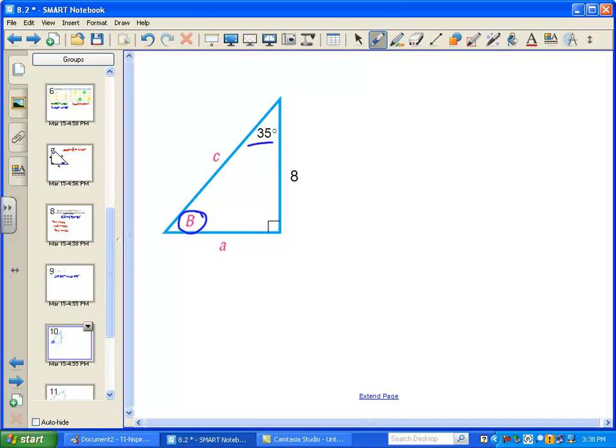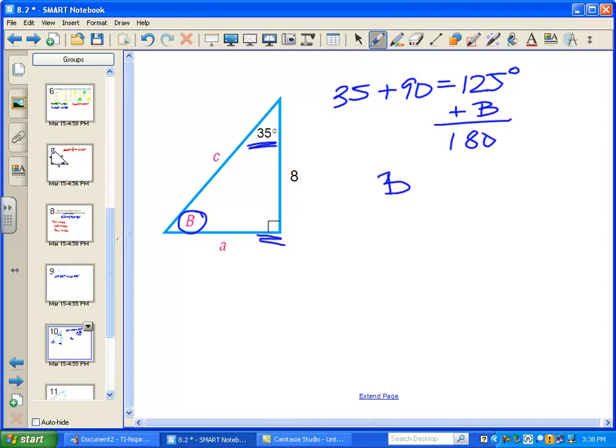So if I take 35 plus 90, I get 125, and angle B should help that add up to 180, right? And some simple math there will tell me that angle B is equal to 55 degrees.